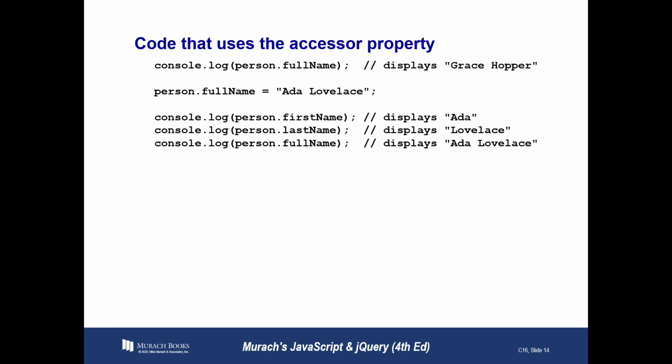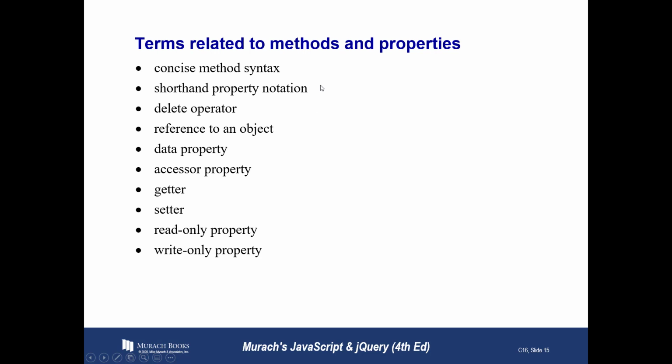And you'll notice that when we use this, it's the name of the object dot the property. Okay. Terms related to methods and properties. We looked at the concise method syntax and the shorthand, a little bit at delete, how to refer to an object.